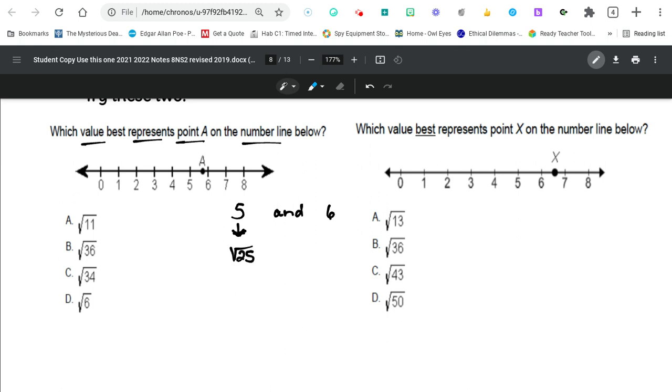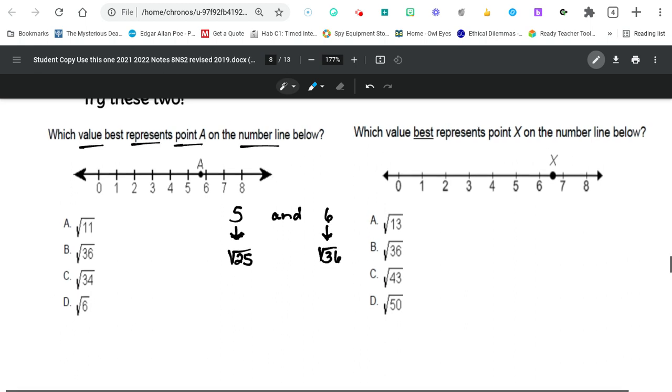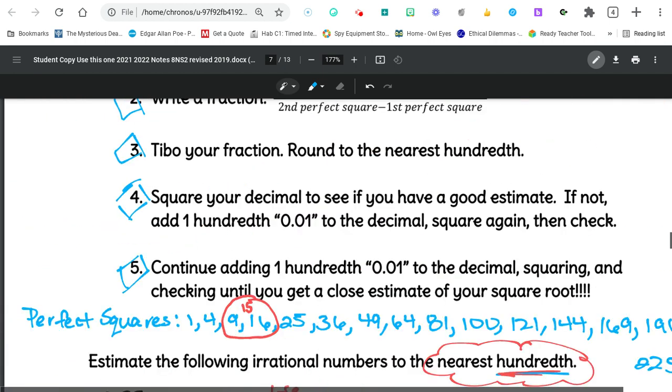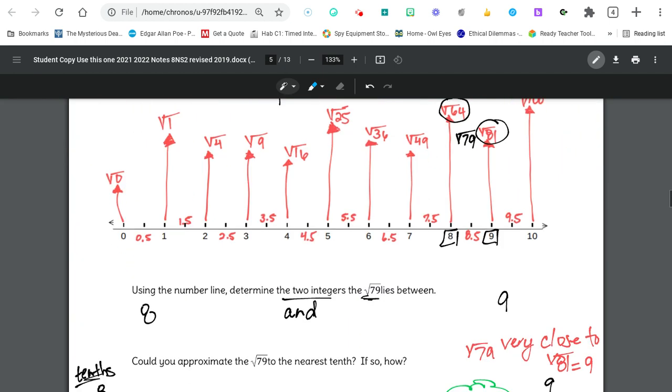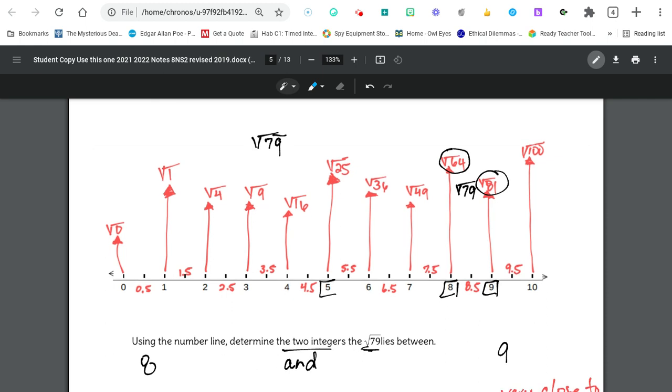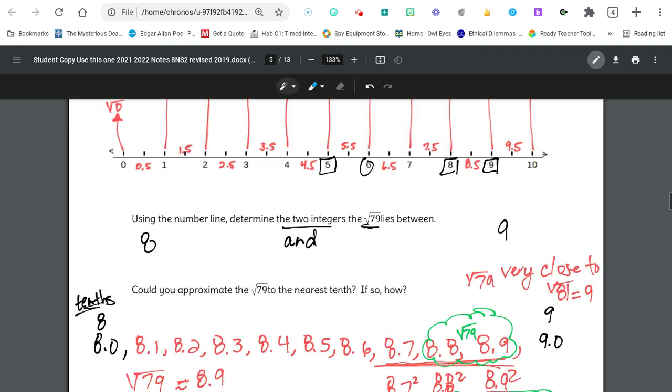Well, 5 is the square root of 25. And 6 is just the square root of 36. And if you don't remember that, you should be able to tell from the charts that we had here. 5 is the square root of 25, and 6 is the square root of 36. So just go back to these number lines if it's going to help you.